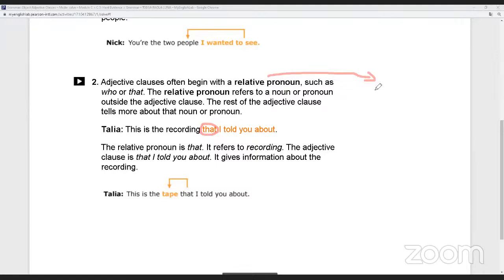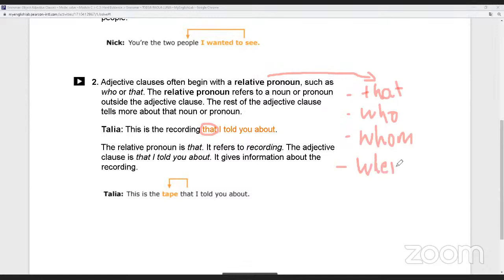We have different relative pronouns, such as that, which is the most frequent, right? We always use that. You can omit it or not, it's up to you, right? So we have that, we have who, we have whom, okay? What else?